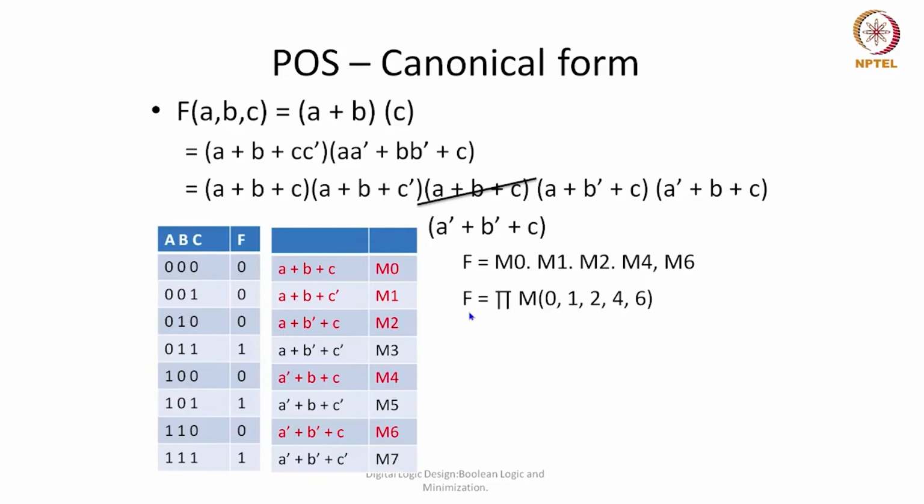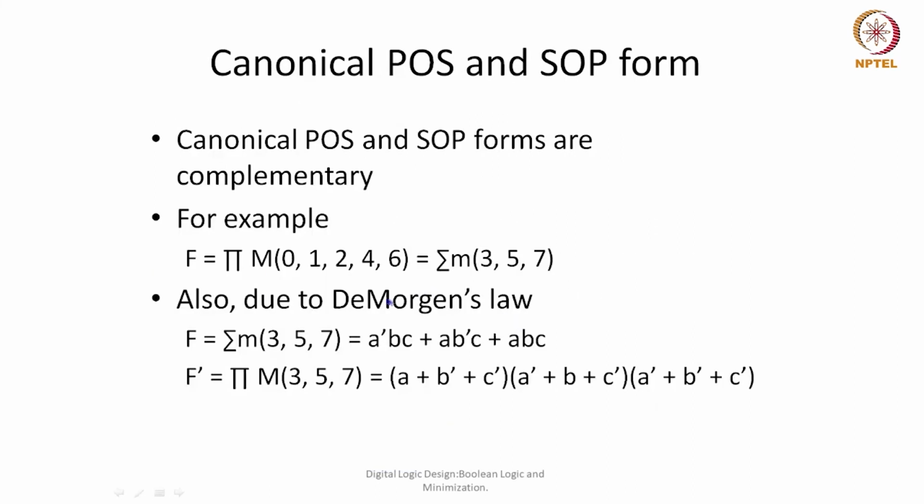Now there are also a couple of relations. There is some relation between the product of sum and sum of product forms. Because all zeros are represented by a product of sum, while each one means it's a min term, they're complementary in nature.